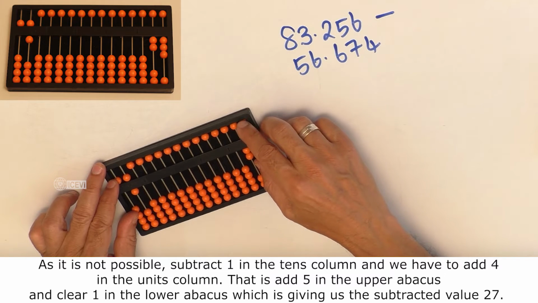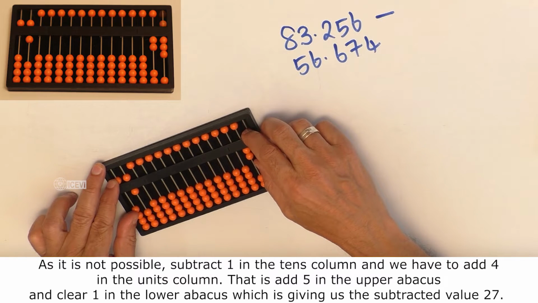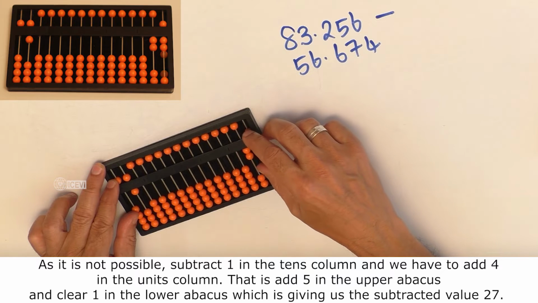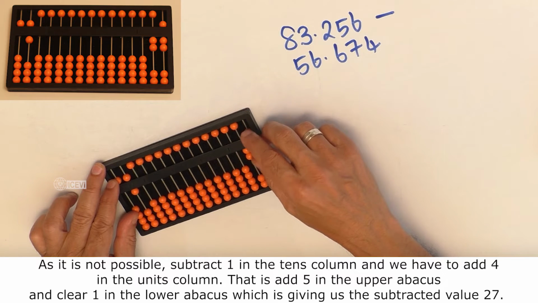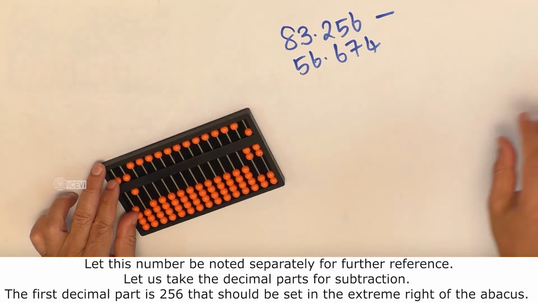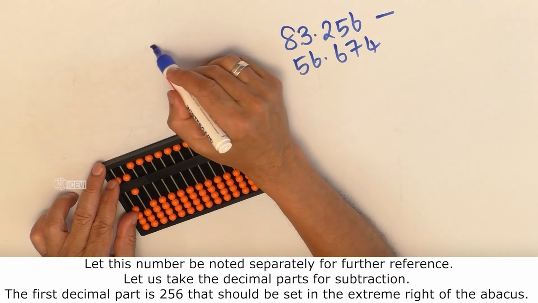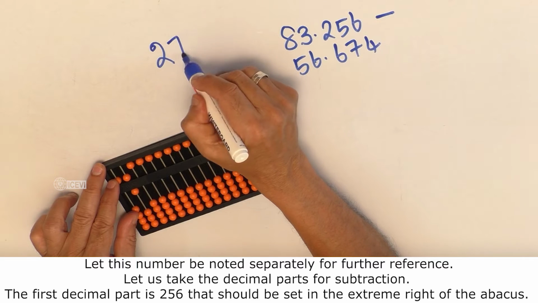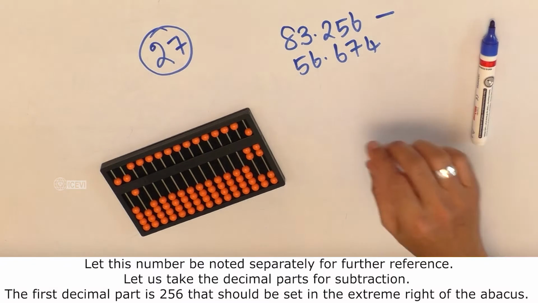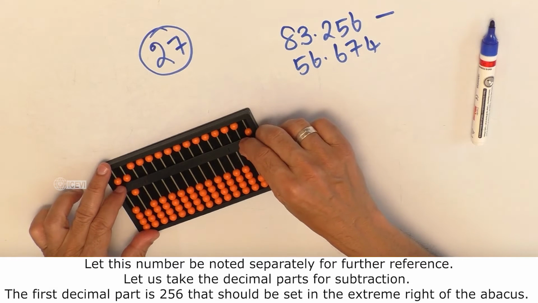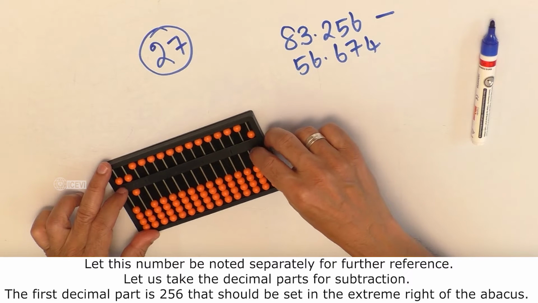That is, add 5 in the upper abacus and clear 1 in the lower abacus, which is giving us the subtracted value 27. Let this number be noted separately for further reference. Let us take the decimal parts for subtraction.